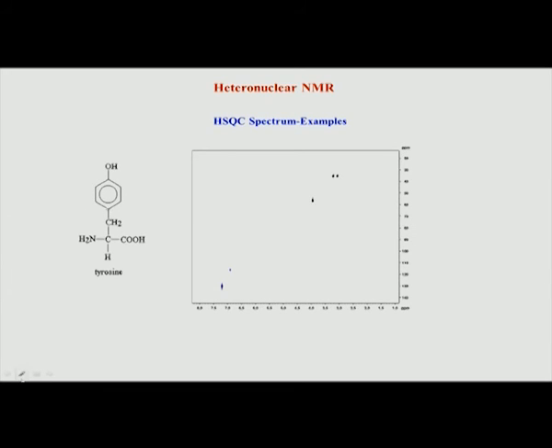So, let me show you that axis. There is typically a very fast rotation around this axis. Therefore, because of this fast rotation, the two hydrogens, the ortho protons and the meta protons, are equivalent. It is similar to what we see in the case of methyls.